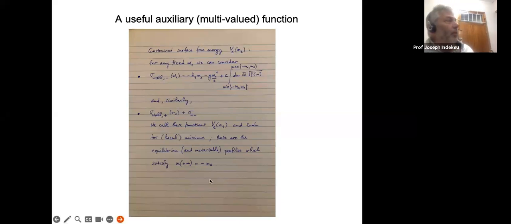So the wetting problem you could summarize as follows. You choose the bulk to be at minus M0, but the wall, you give it a positive surface field. So you frustrate the system. But then you ask, is this amount of frustration large enough to have the plus phase intrude between the wall and the minus phase? Or will it just frustrate the minus phase at the wall and pull it up a bit, and that's it?